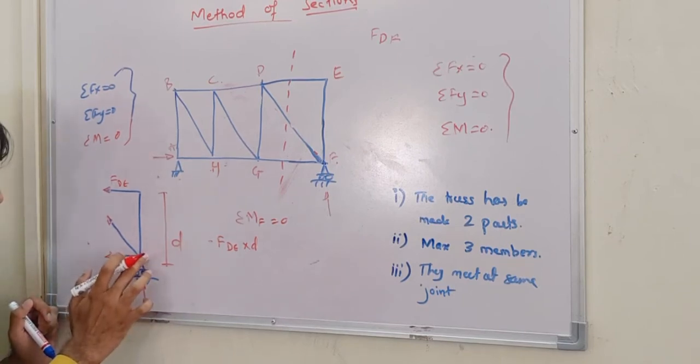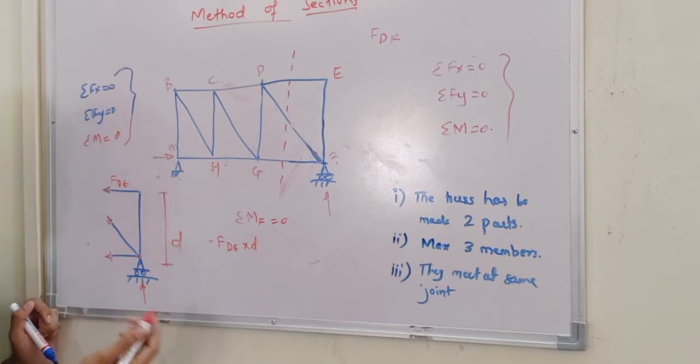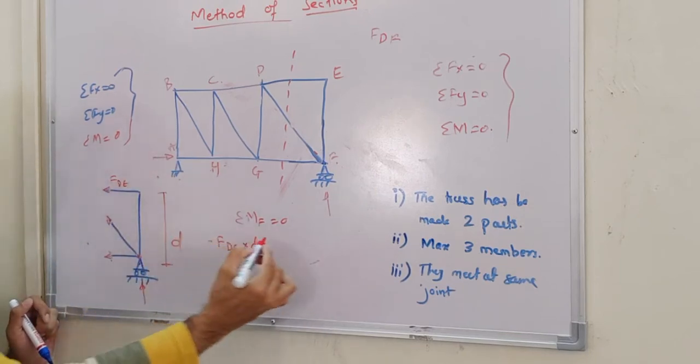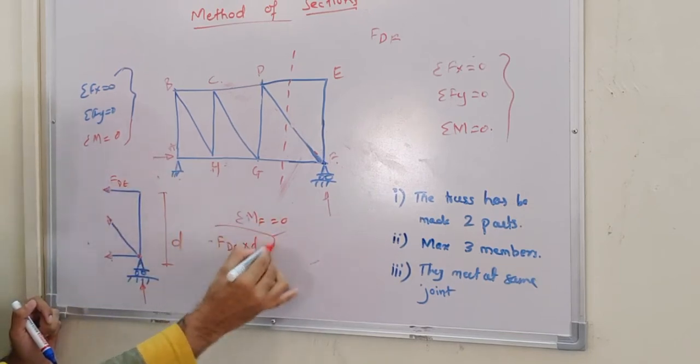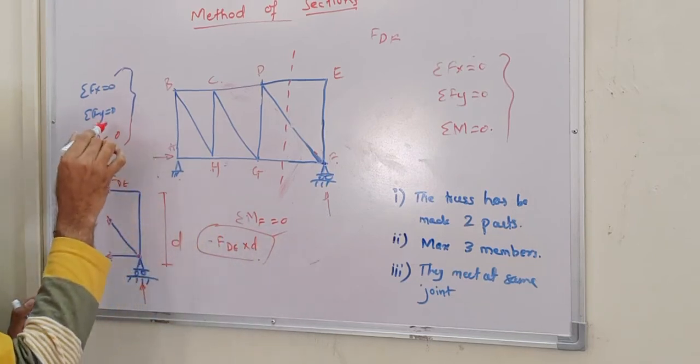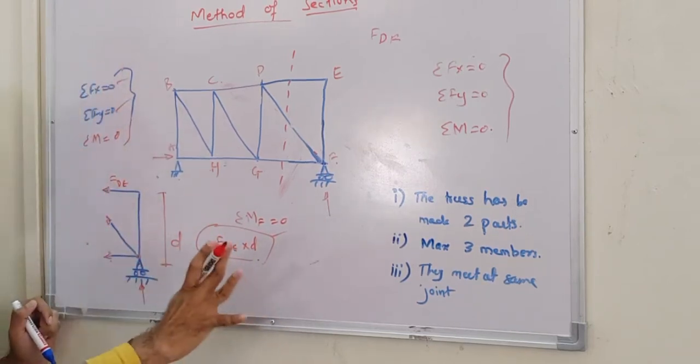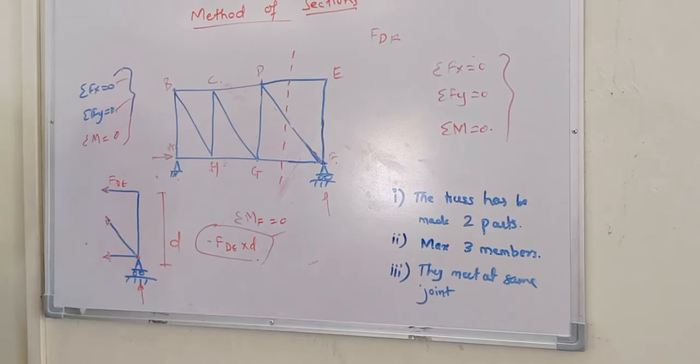So we'll get three equations. This can be easily solved, and this one also easily solved. Three equations, three unknowns, we can easily solve the problem. Any doubt?